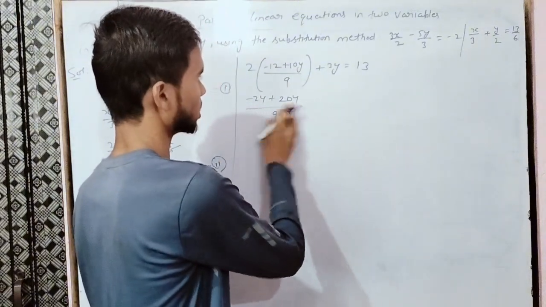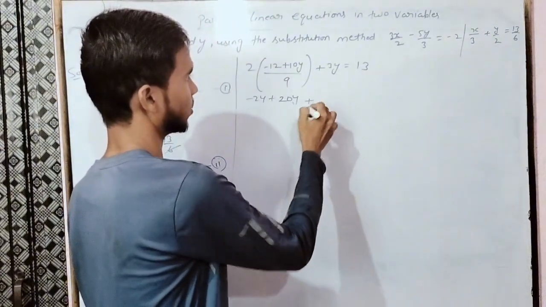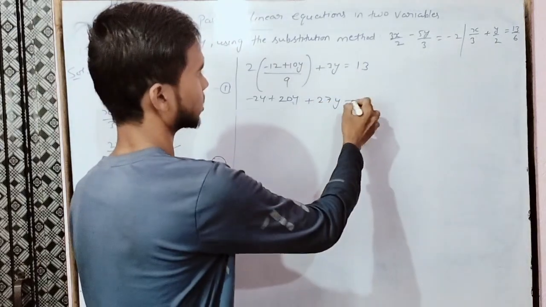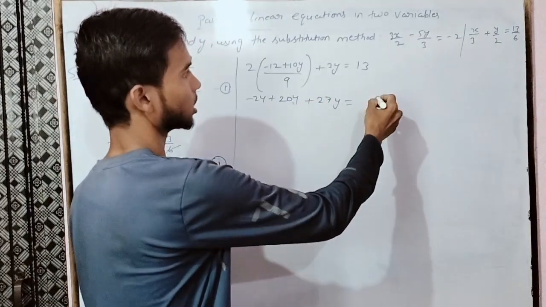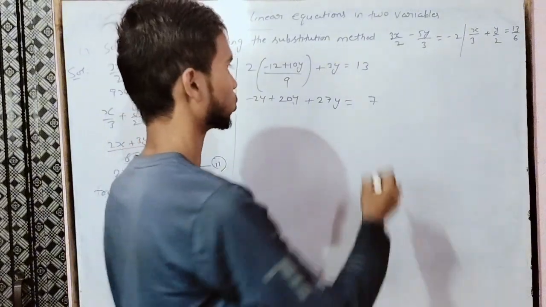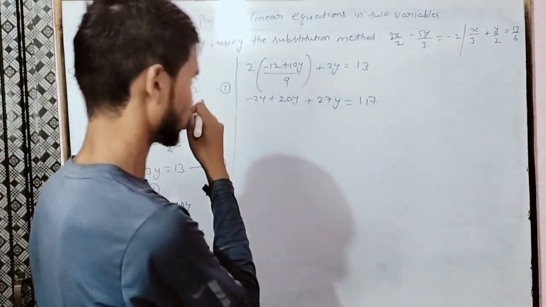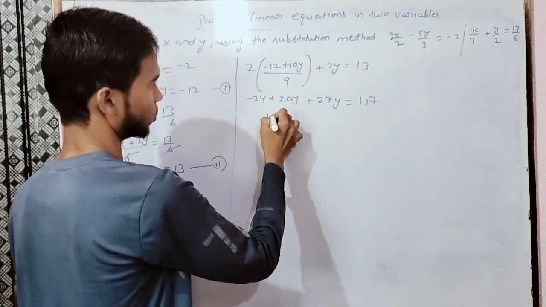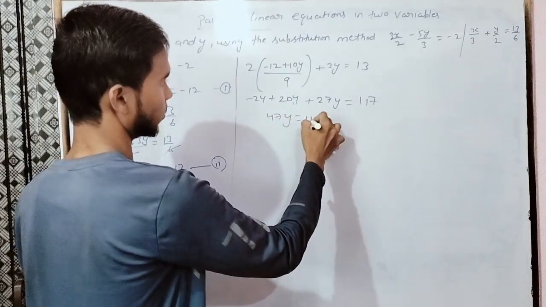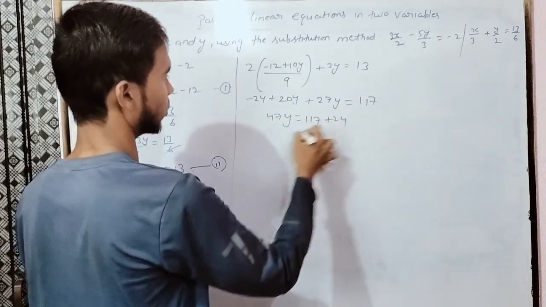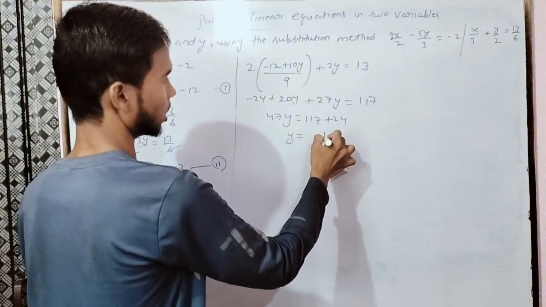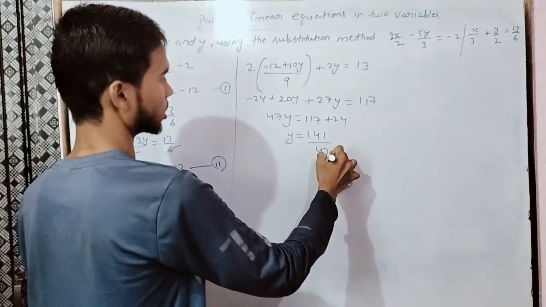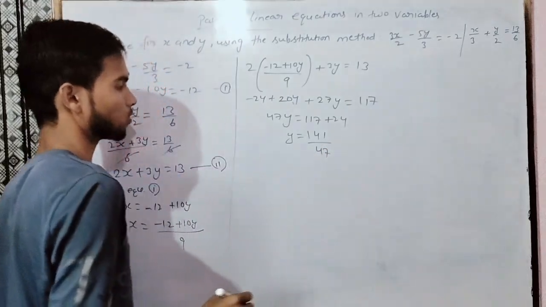So here this will be 27y, and 9 times 2 is 18... so 11. Okay, now 20 and 27, so 47y, and 117 plus 24y, 141 upon 47.